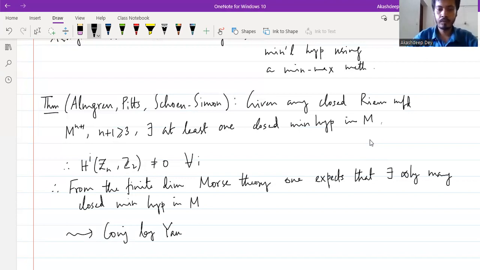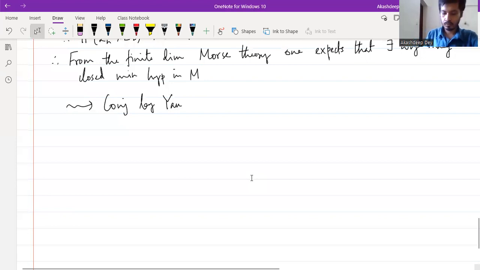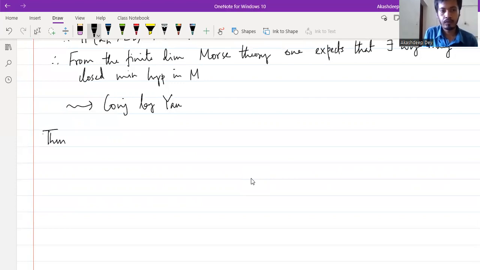We have the following theorem which proves this conjecture. It follows from the combined works of Marques, Neves and Song.